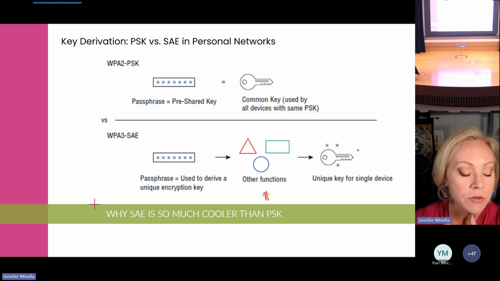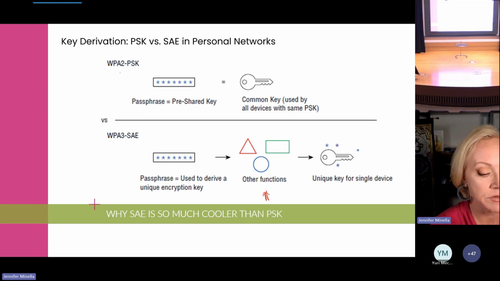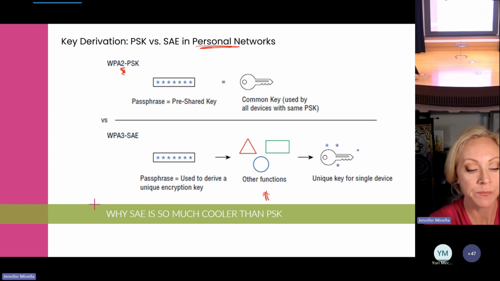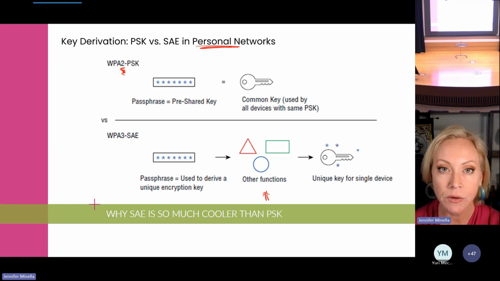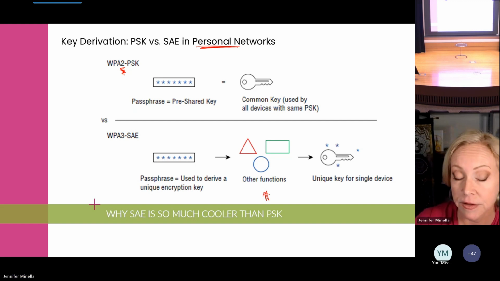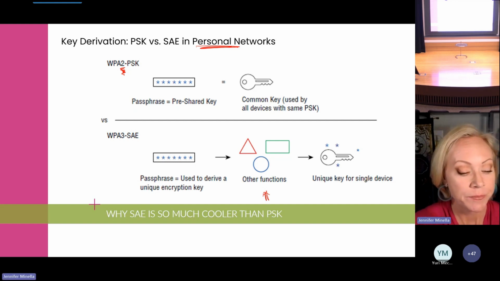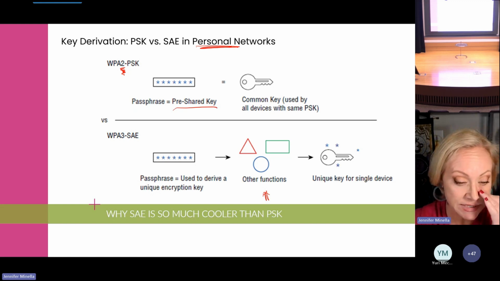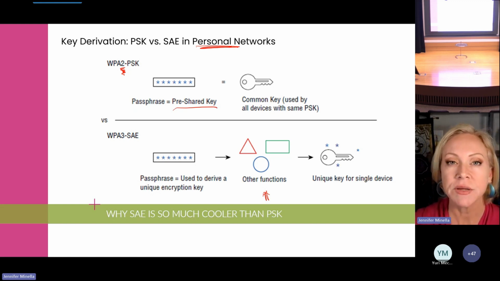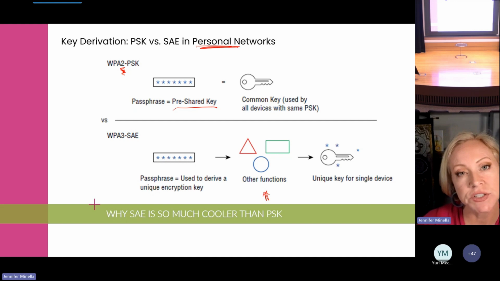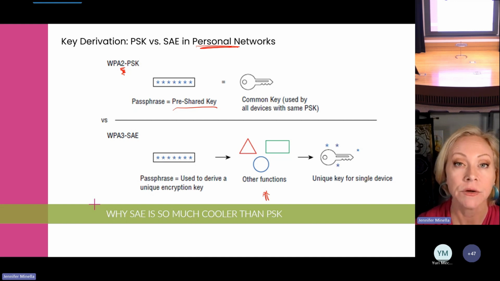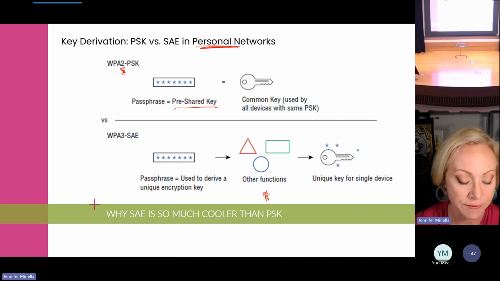But when we were on a WPA2 network, and we're talking about personal networks or passphrase networks here, we had PSK, and PSK was pre-shared key right here. That's why we called it PSK. And so what that meant was all of the endpoints used a common passphrase, which ended up being a common cryptographic key. It's actually what we were encrypting the traffic with over the air.